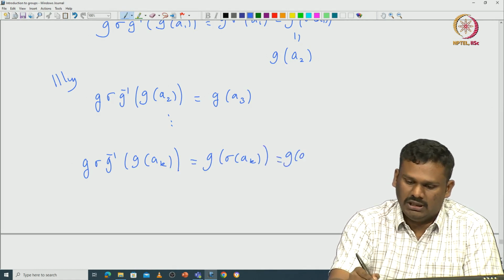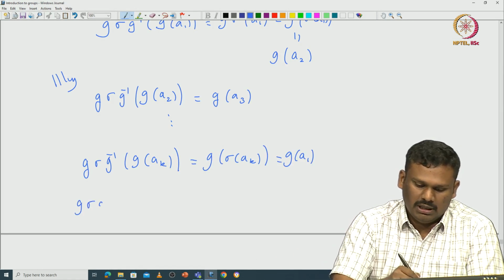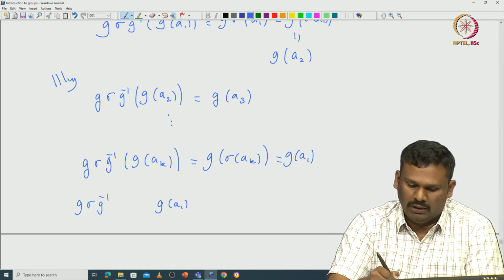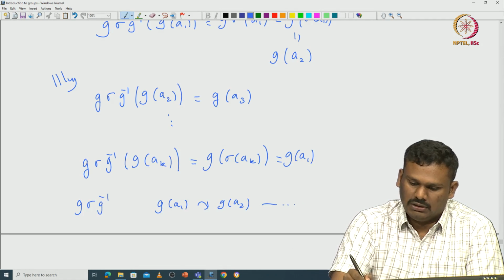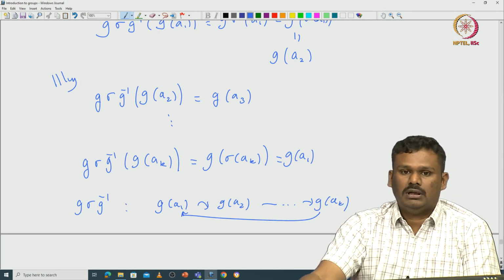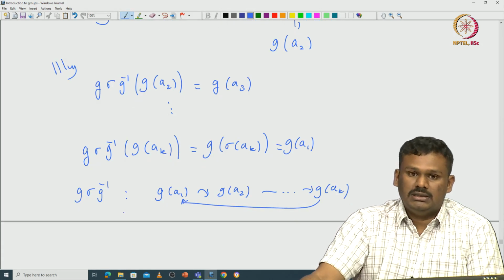So this is going to be g of a1. That means g sigma g inverse cyclically permutes g of a1 to g of a2 to etc. to g of ak, and then g of ak is mapped to g of a1. So this is what g sigma g inverse does on g of a1 etc. g of ak.